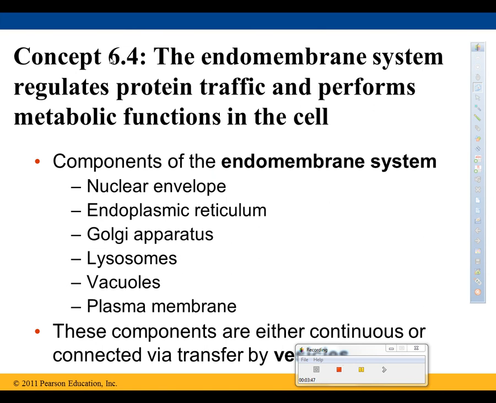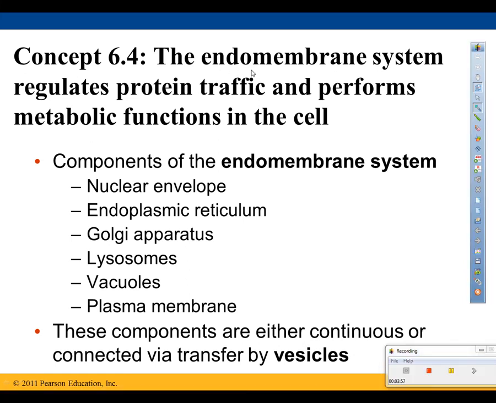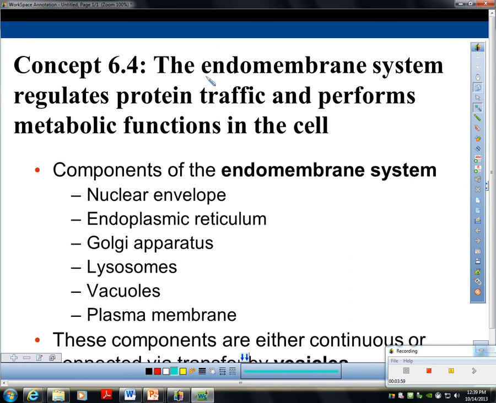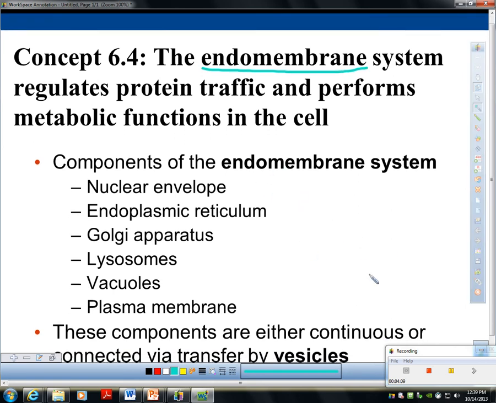Okay, on this page, this is really important. I want you to take note here. This whole word, the endomembrane system. The endomembrane system is talking about components that are either contiguous or connected via transfer by vesicles.